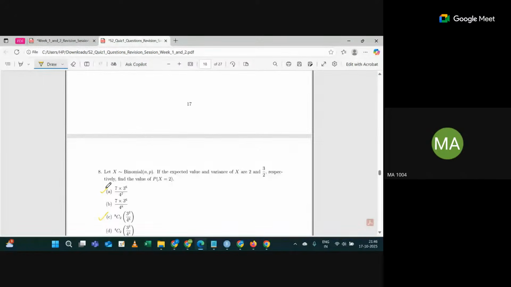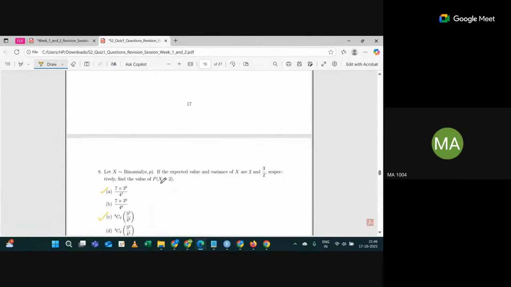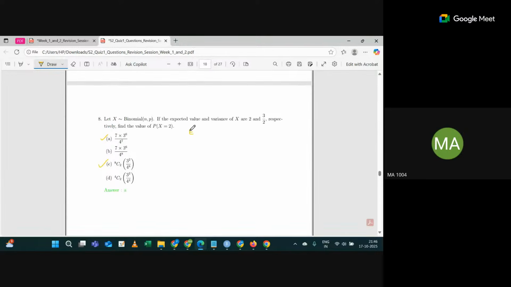Okay, should I start? Sure. So basically, if you see x follows binomial n comma p, what are the information given to us? First of all, expected value of x is n into p. Everyone is okay? And the variance of x is np into 1 minus p, right? Yes, sir. So np is given to us as 2, and np into 1 minus p is given as 3 by 2, correct?